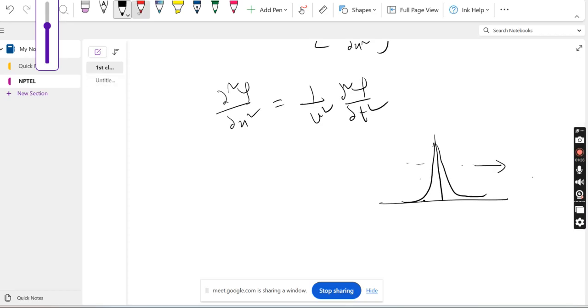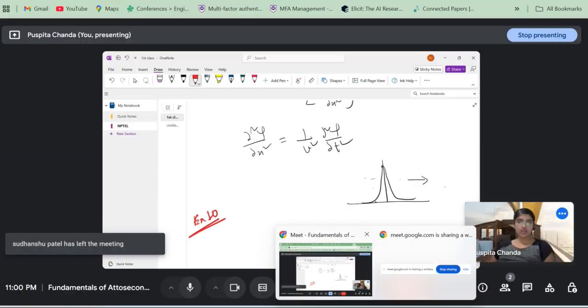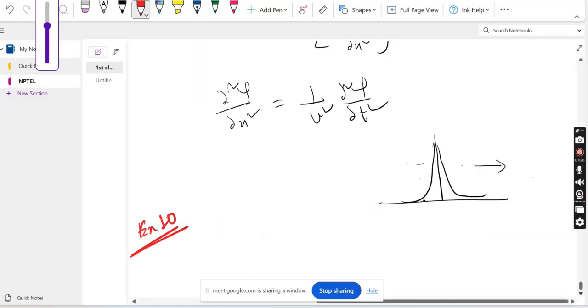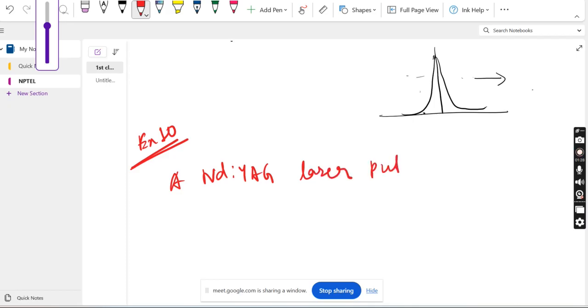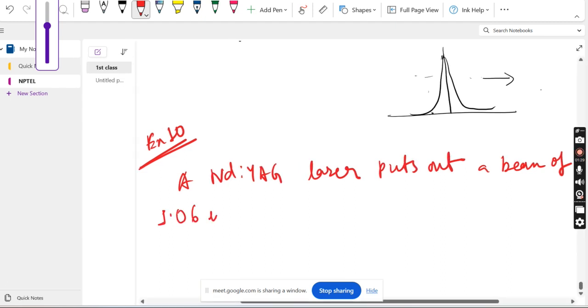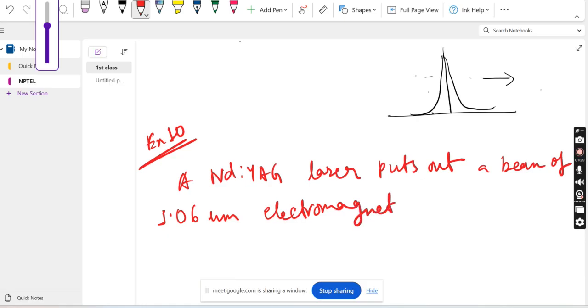Now, for example, a laser puts out a beam of 1.06 micrometer electromagnetic radiation in vacuum.